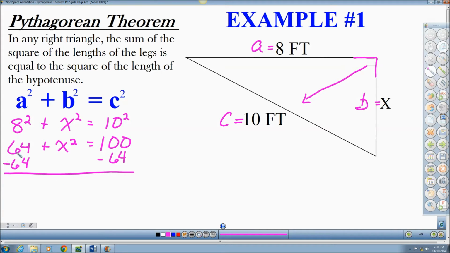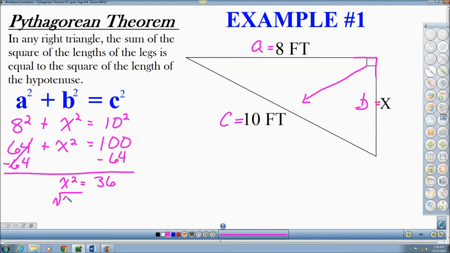Of course, these 64s cancel because 64 minus 64 is 0, and it just leaves me with x squared. So I'm going to bring down x squared equals, and 100 minus 64 on the right side of the equation, that simply makes 36. Now, I have to take the positive square root of both sides to get to unsquare x.